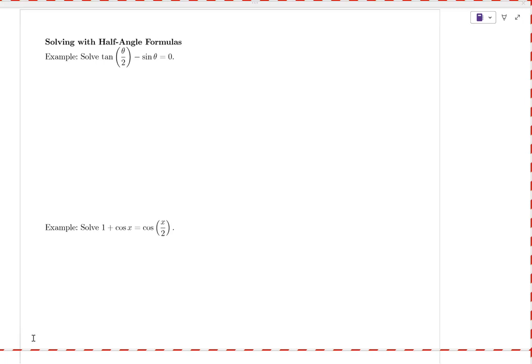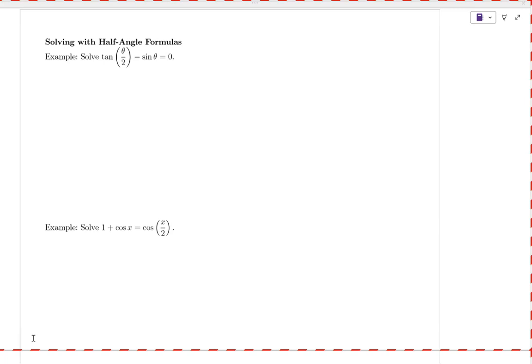So typically, we'll try to handle the argument problem first, and then see if we can rewrite in terms of the same trig function, or perhaps do some factoring thing, something along those lines.